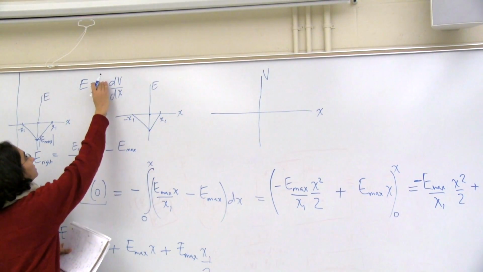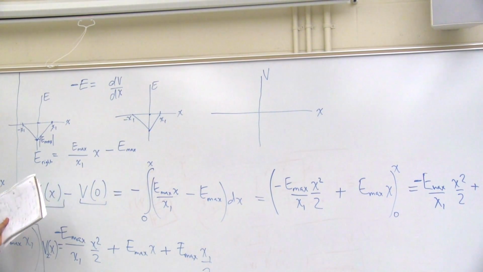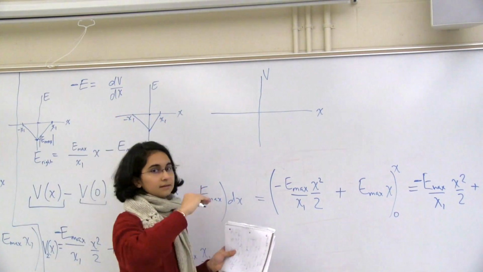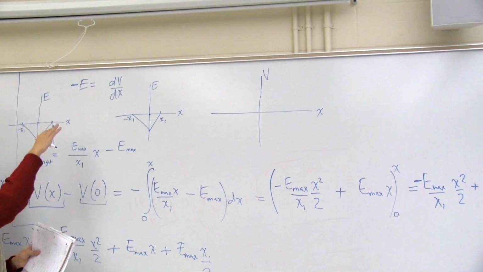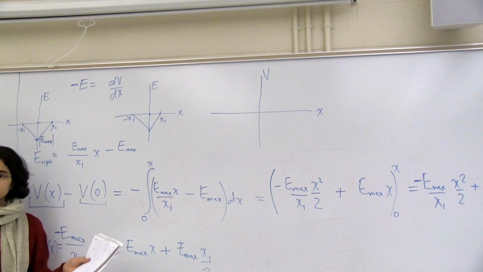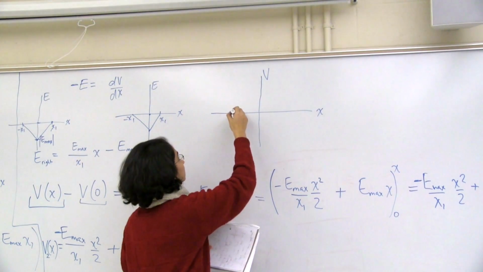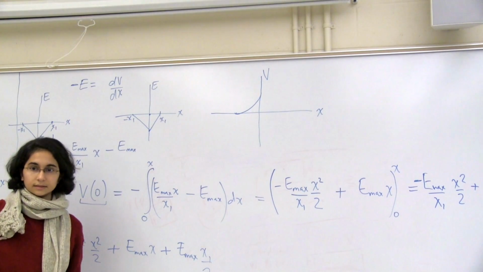You could rewrite this as dV, I think that might make it clearer. So slope of V is increasing, right? Because here my E is becoming more and more negative, so the negative of that is becoming more and more positive. So it's going to be a parabola, yes, and it's going to be a slope that increases, right?